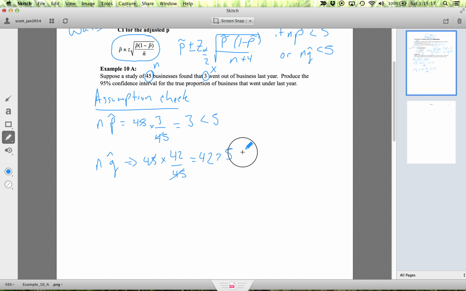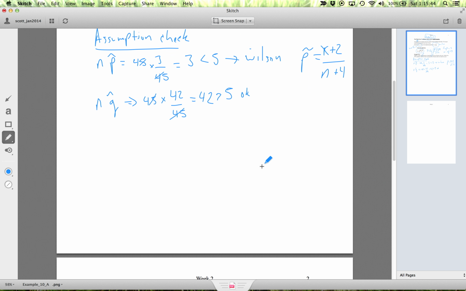So this one's okay, but here this isn't good. Because 3 is less than 5, we should use the Wilson, this p tilde, which is also called the plus 4. This is calculated by the number of successes plus 2 over the number of samples plus 4.